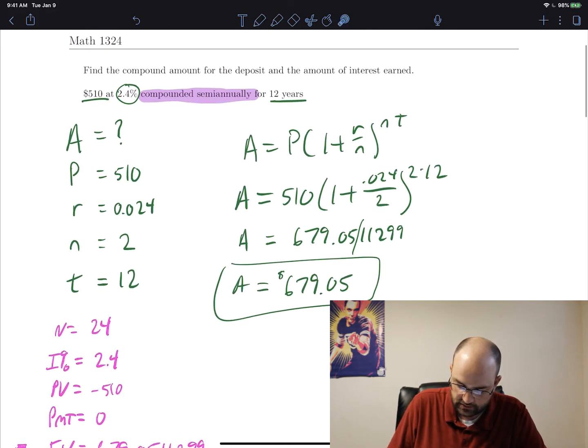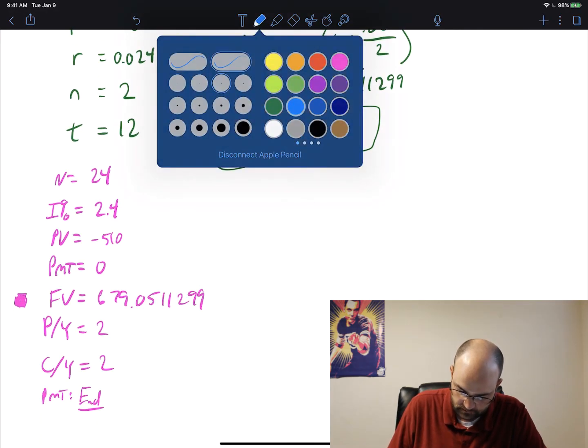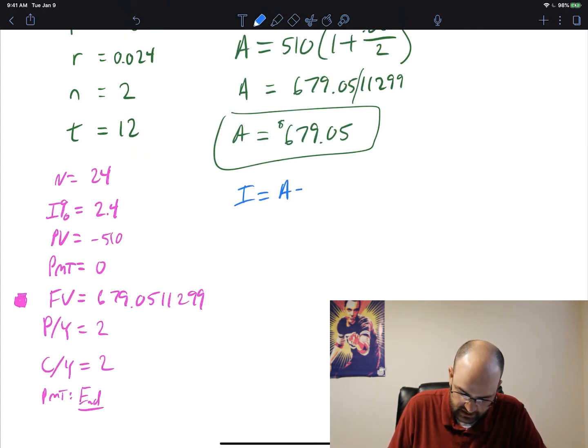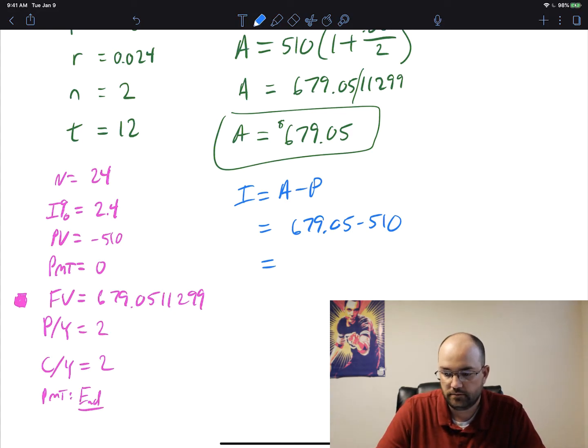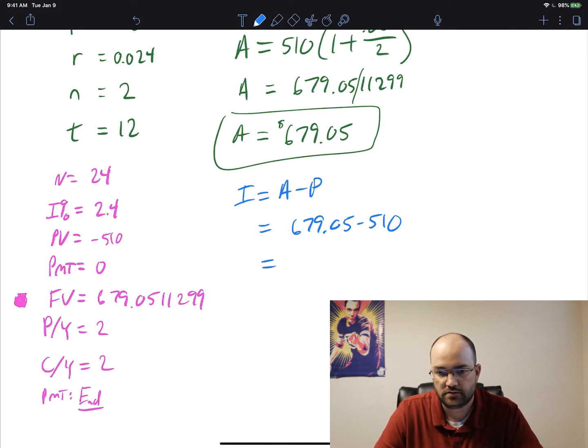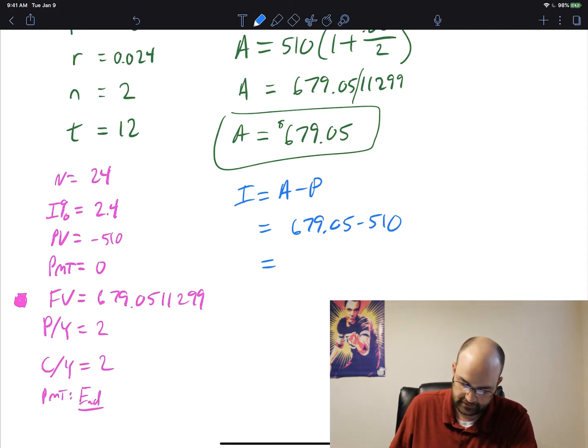And again, we want to figure out the interest earned as well. So for that one, I is just A minus P. So that's going to be 679.05 minus 510. 169.05.